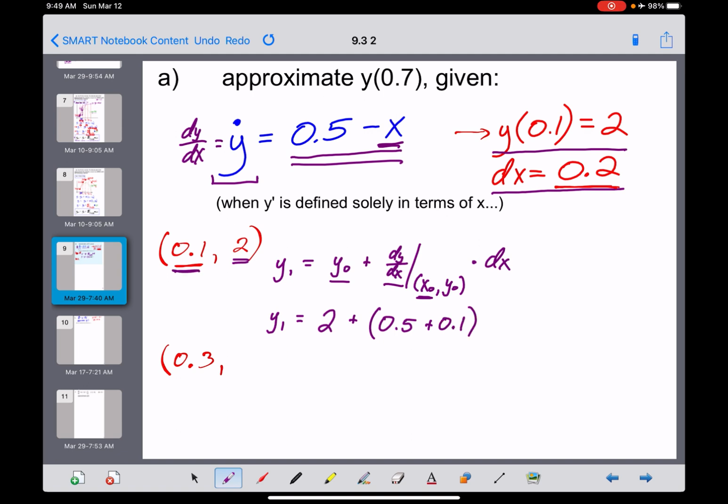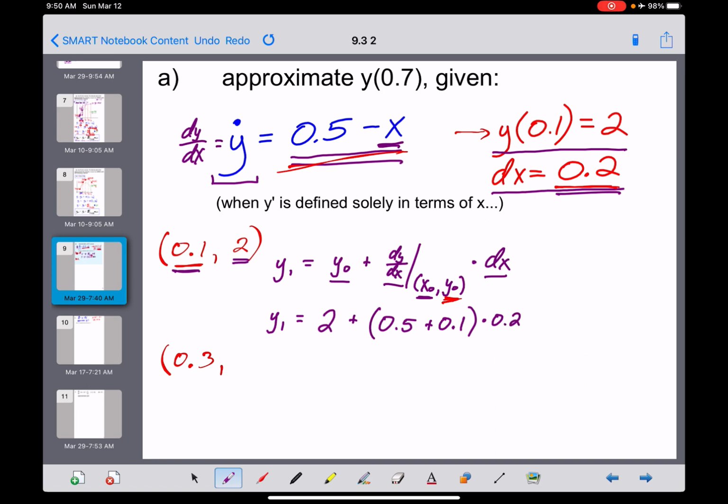Now, you'll notice there's nowhere to put this y naught right here because this derivative is not expressed in terms of y at all. So this is a derivative that's expressed solely in terms of x. So that is just hanging out, but it has no bearing at all, and that'll get multiplied now by the dx value, which we know here is 0.2.